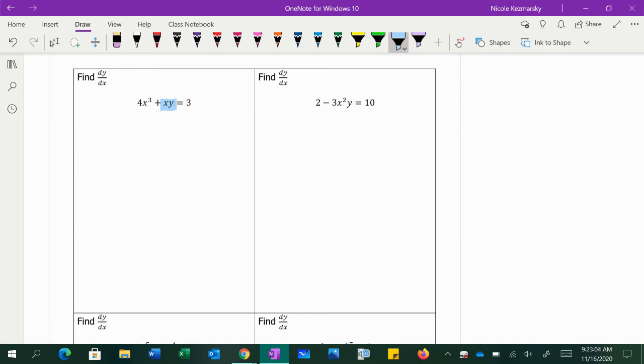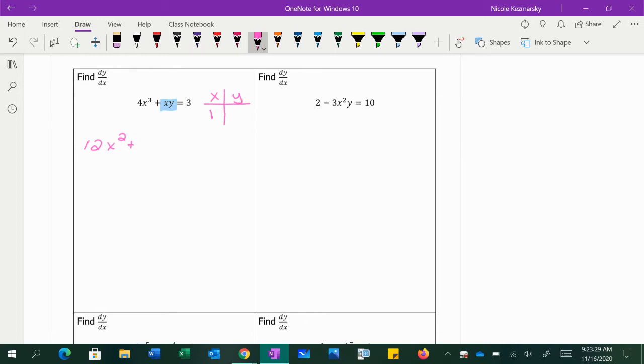So when we start this problem, we're going to go ahead and say the derivative of 4x cubed, so that's going to be 12x squared plus, and then we're going to go ahead and do a box for the product rule. So x and y. The derivative of x is 1.